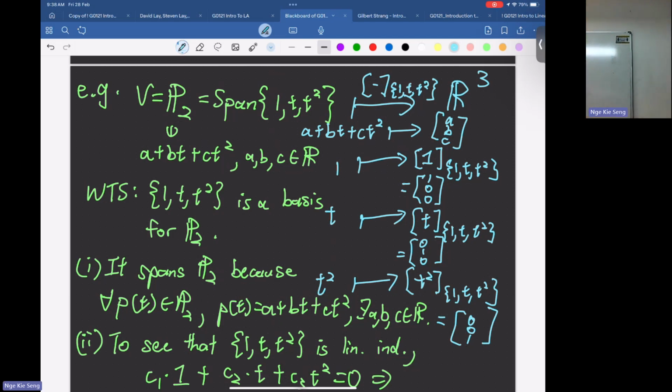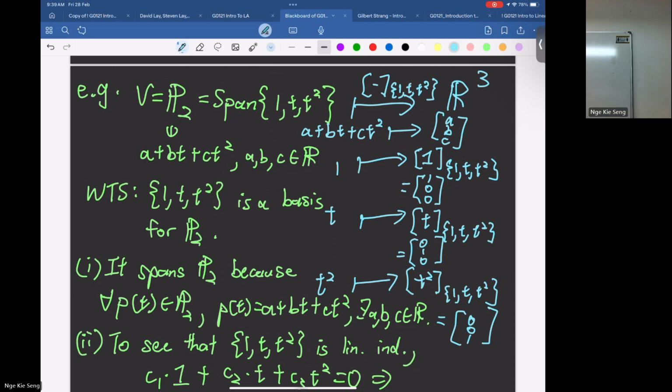But what can you see here? Why are 1, 0, 0, 0, 1, 0, and 0, 0, 1 in R3? These are the standard basis. So you know that these standard basis form a basis. They are linearly independent and span. So you can use the fact that the coordinate vectors span R3 and are linearly independent to imply that these three polynomials also span P2 and are linearly independent.